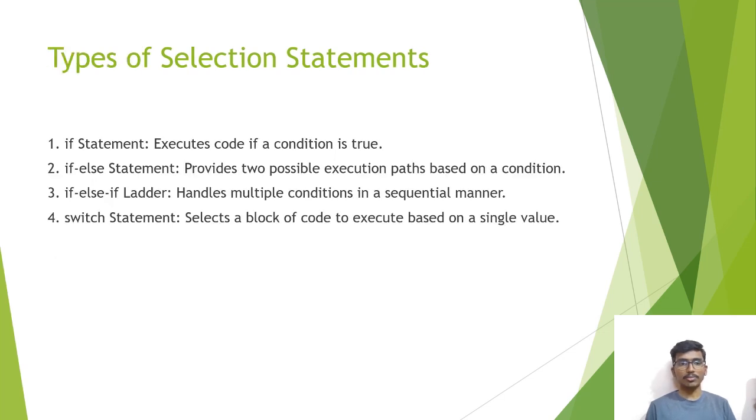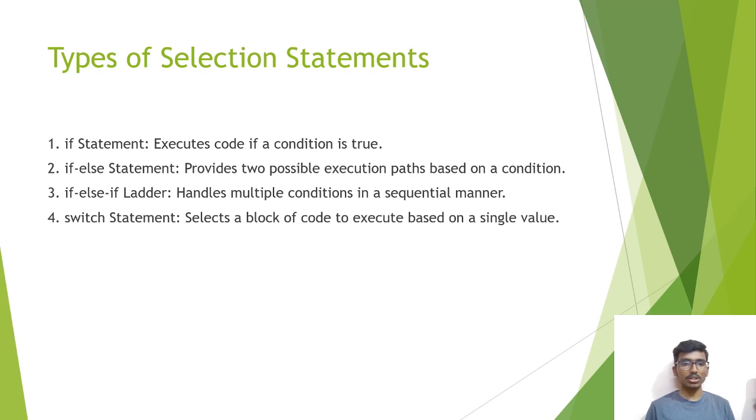Types of selection statements. Let's discuss them deep. The if statement executes code if a condition is true, and the second one, the if else statement, provides two possible execution paths based on a condition.